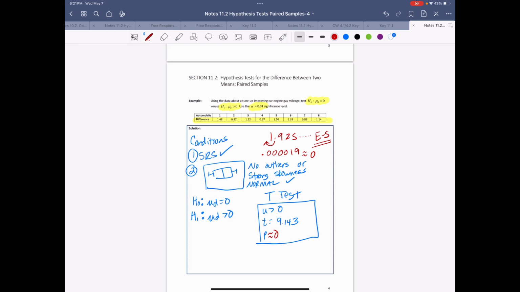I'm going to say, and notice that my p-value is very low. So since my p-value is low, H0 is going to go. So I'm going to say, since my p-value, I like to put approximately 0, is less than alpha equals 0.01, we will reject H0.